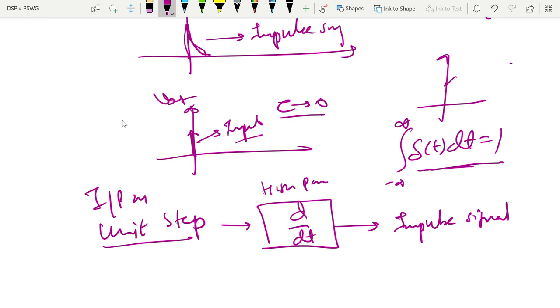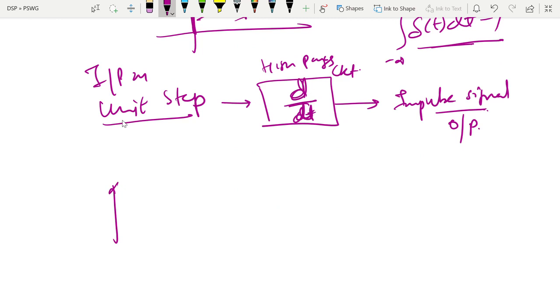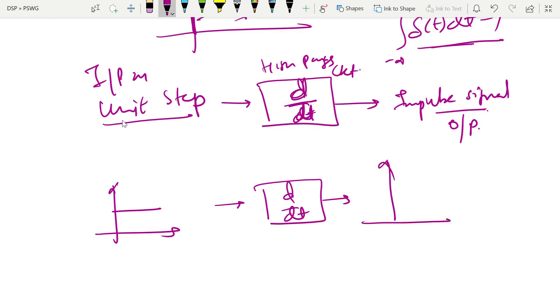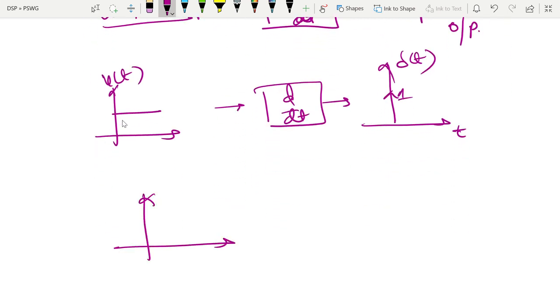How do we get an impulse signal output if it is a differentiator? Because all of you know that if a signal is a unit step signal, then by differentiation it gives an impulse signal, delta t, from u(t). If the input is a ramp signal, what will be the output?